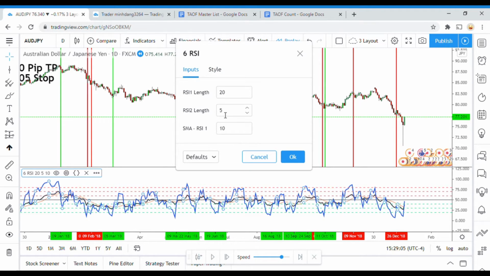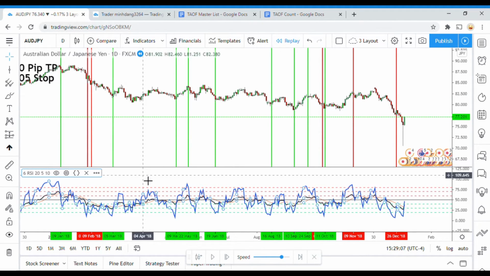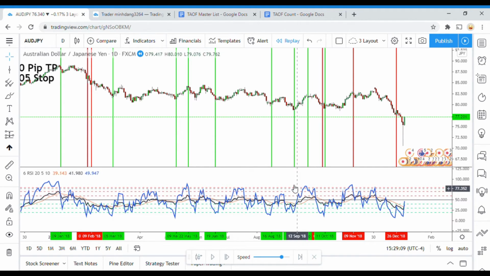Yeah, RSI 2, 5. And so it is actually set on a 2. And so you see that we got a few more trades. So the original RSI in a 1 year's time, I don't think it was on this pair, did 10 trades in a year's time. This one did 14. The original RSI is set at a 14 period. This one is set at a 5 period.